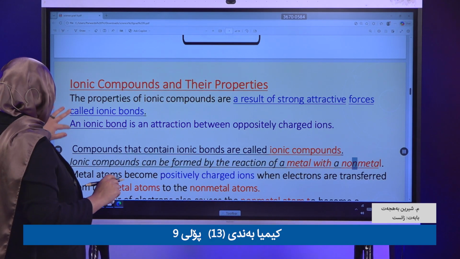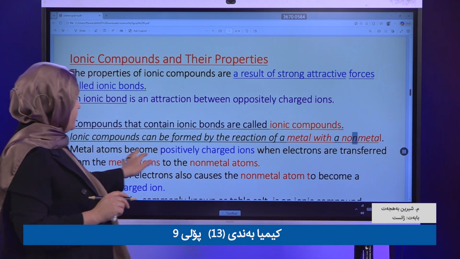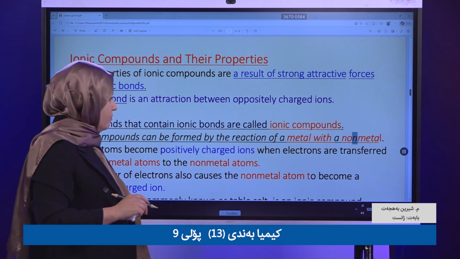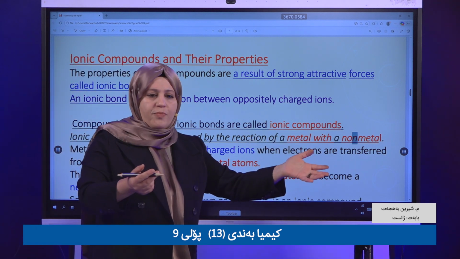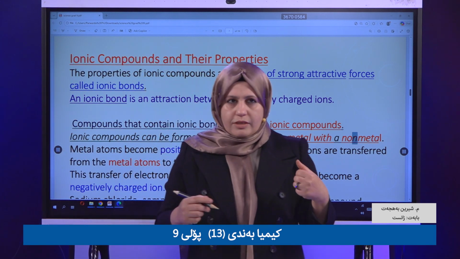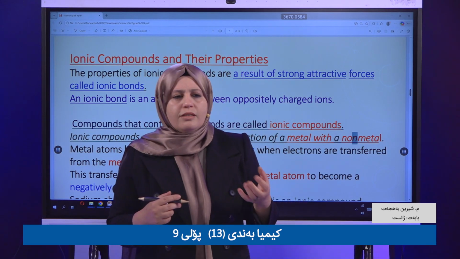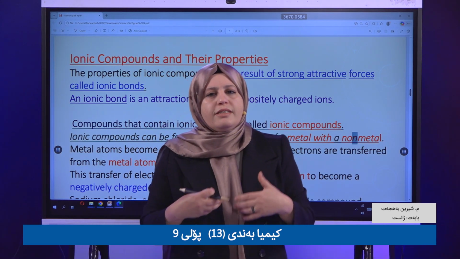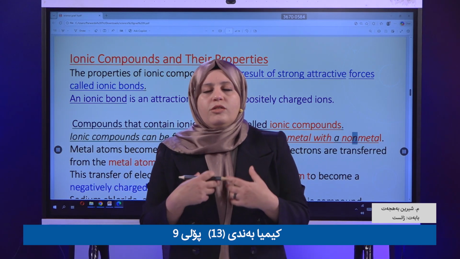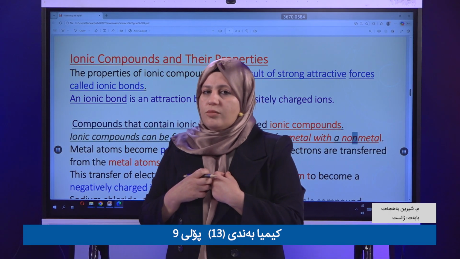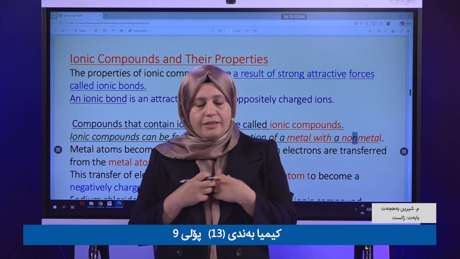So a metal becomes a positively charged ion when electrons are transferred. For example, someone who is very kind always gives. When someone always gives, that means they are positive, right?